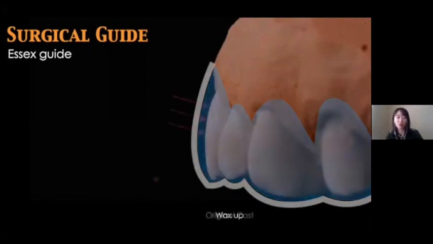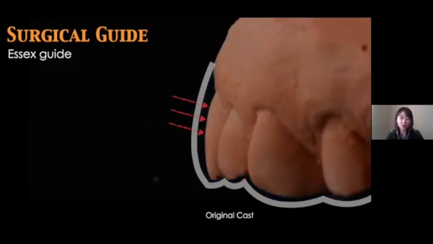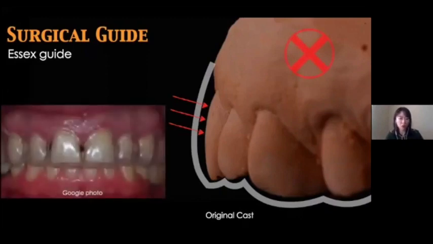This is not right, because if you make a surgical guide based on a wax-up and put this guide back in the patient's mouth, it will not fit. It will have a space, right? This is not the right way to do it, as you can see in the photo. This is a guide fabricated on top of a wax-up. Of course, it wouldn't seat well in the patient's mouth.